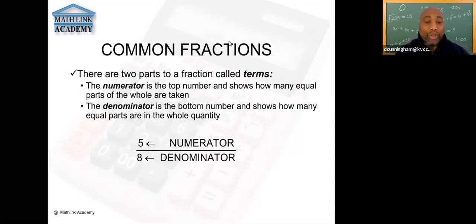As you look at this example, 5/8, the 5 is the numerator, which is the top number, and 8 is the denominator, which is the bottom number.